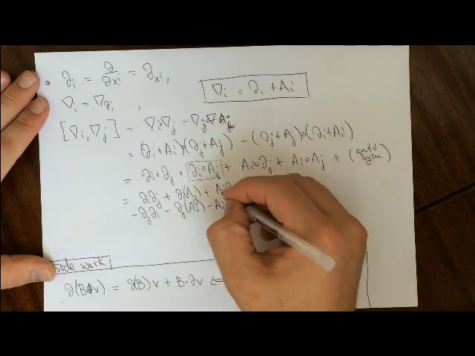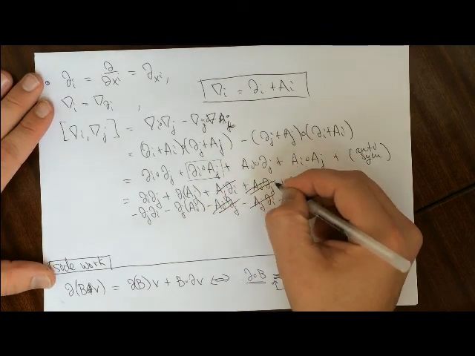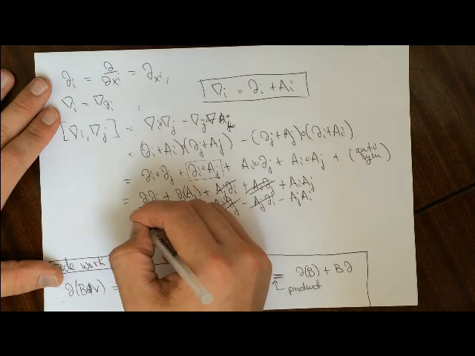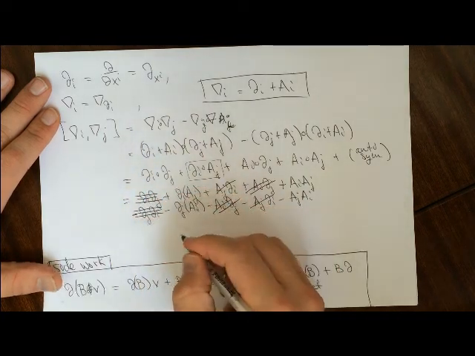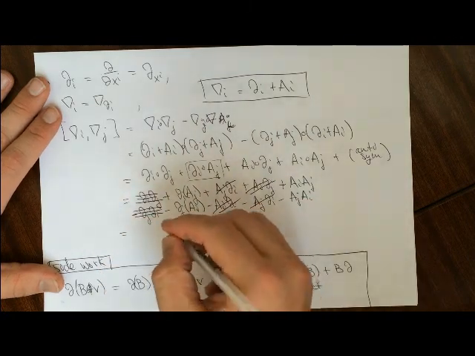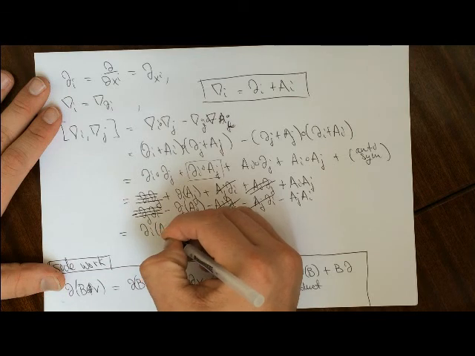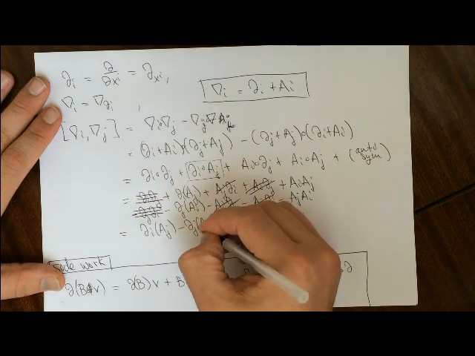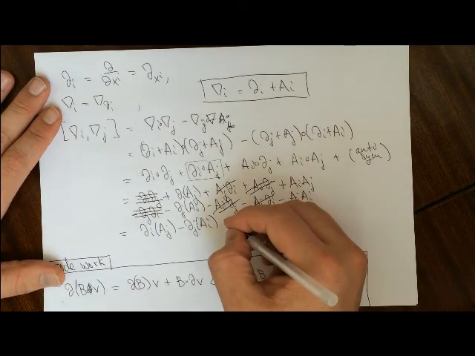So these go away. These go away. These guys go away because of equality of mixed partials. And then we're left with this guy here and this gentleman here.